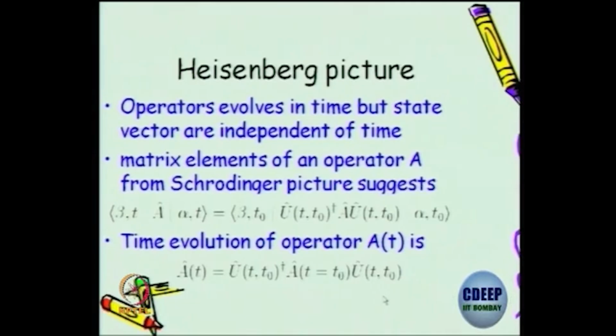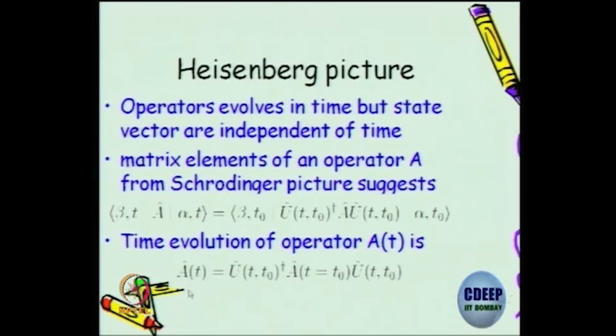So this is very important, that in the Heisenberg picture, we take the states to be frozen at t naught, and we take all your operators at t naught and then pre-multiply U dagger and post-multiply U to write the time dependent operator.